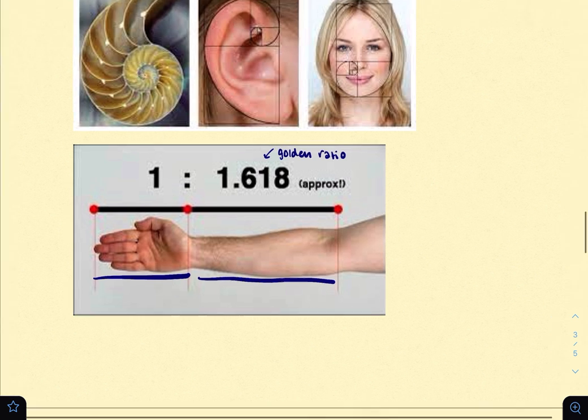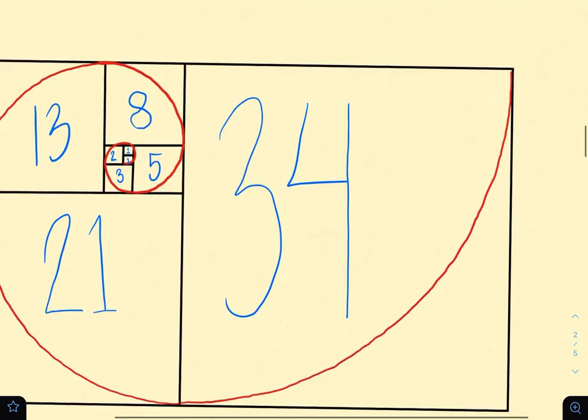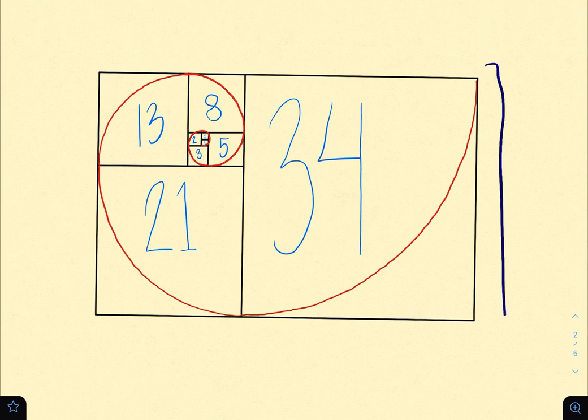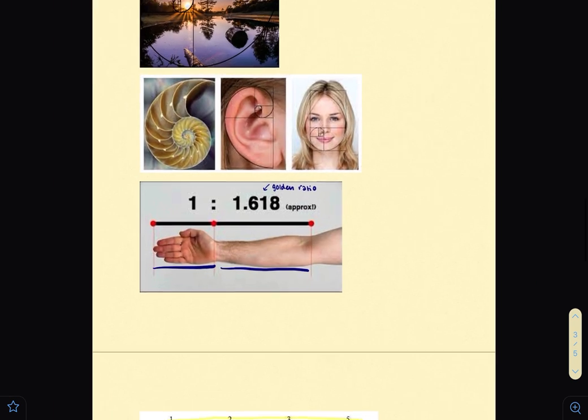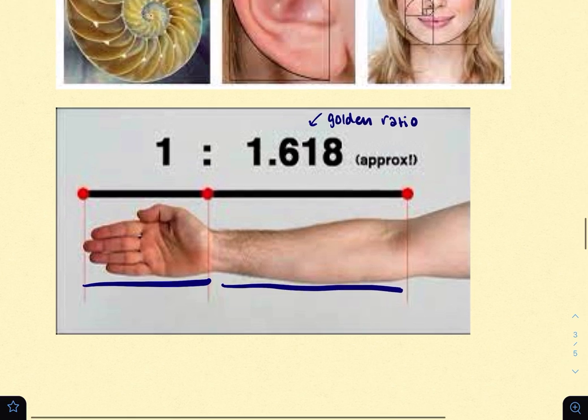And that's kind of like saying this 34 over here is 1.618, and this 21 right here is a 1, because 34 divided by 21 gives you a number that's super close to 1.618. So that's just another cool thing. It shows that different body parts have this ratio when it comes to how their sizes compare.